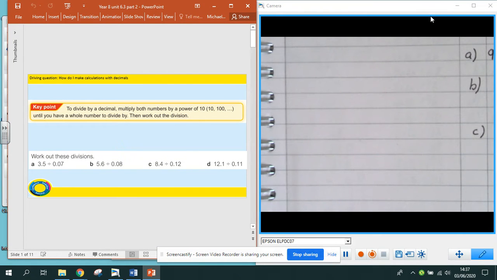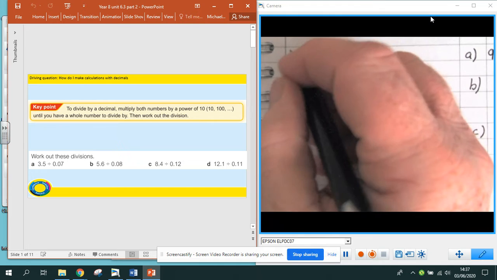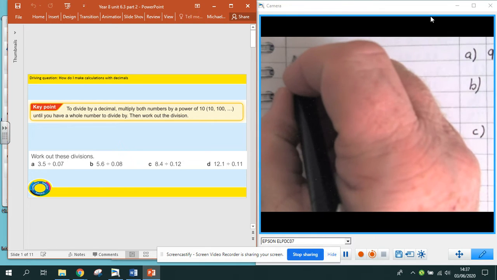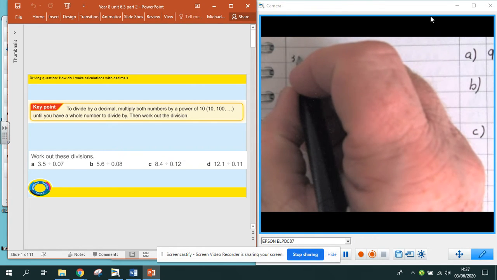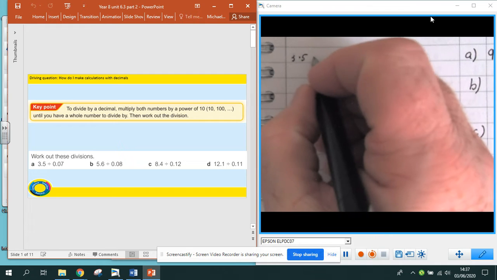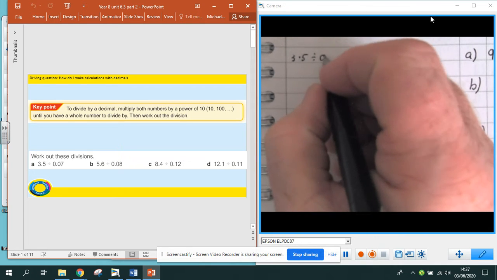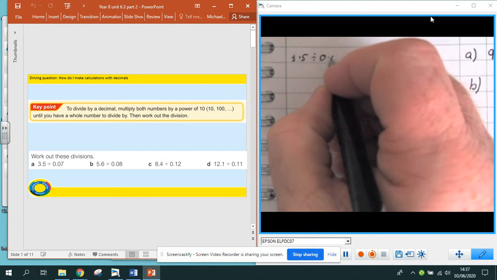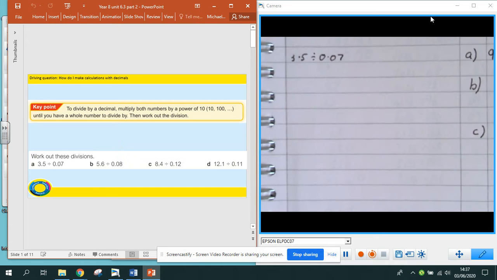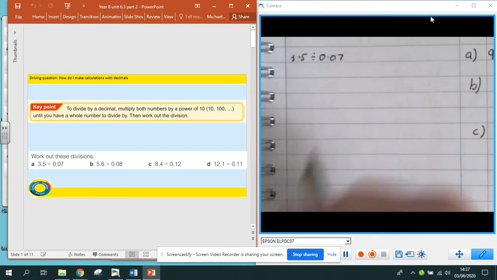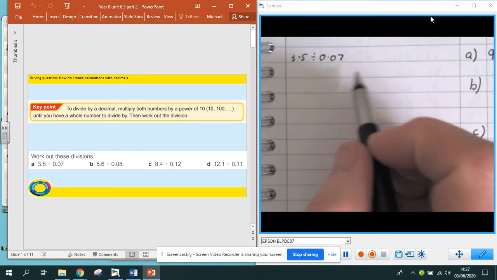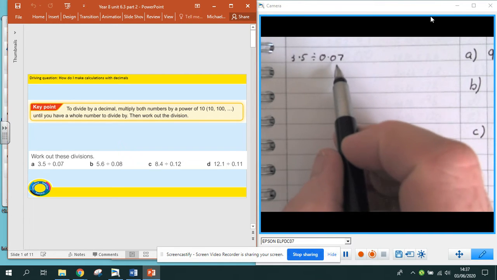Okay, so here we go. My first one is 3.5 divided by 0.07. According to the key point, what I've now got to do is multiply both of those numbers by a power of 10 to make the divisor, the number I'm dividing by, into a whole number.